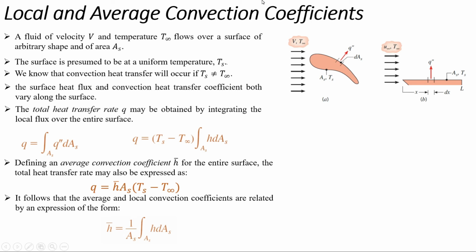If we know the heat transfer coefficient at any point, for example at this dark dot, we can determine the average heat transfer coefficient over the entire surface by just integrating it. So this is the equation which will be used in our convective heat transfer case. I would recommend you to write this equation in your notebook.